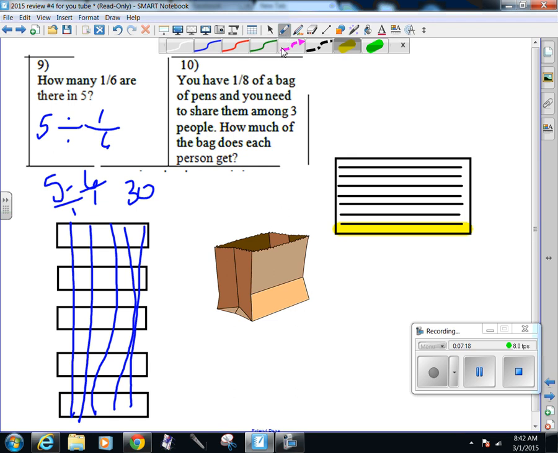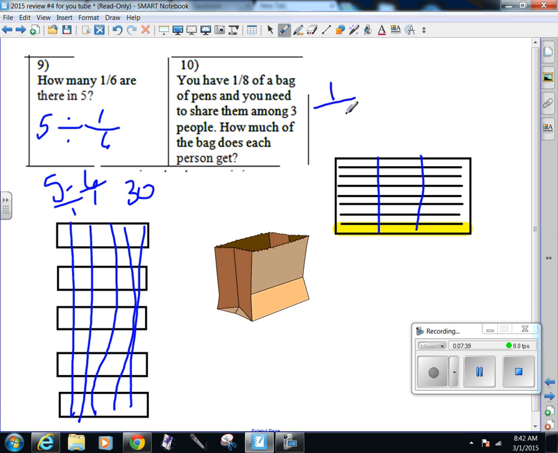I'm going to be splitting that with 3 people. So what fraction of the whole bag is this? So there are 3, 6, 9, 12, 15, 18, so 24 parts, so each person gets a 24th.